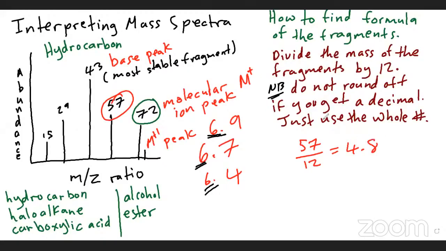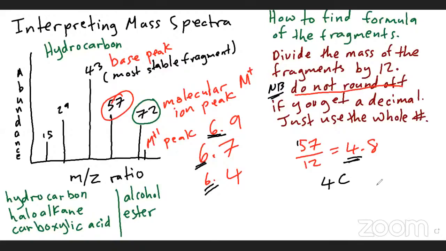And notice I said that you do not round off. So if I get 4.8, just focus on 4. So the fragment that is 57 has 4 carbons.